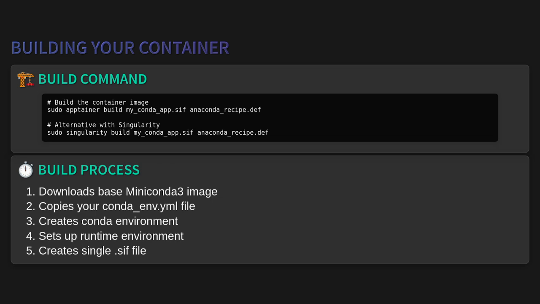In the building process inside the recipe, first we download the base image from Miniconda 3, we copy the conda file into /opt, we create the conda environment, we set up runtime environment variables, and at the end we have our single .sif file created.